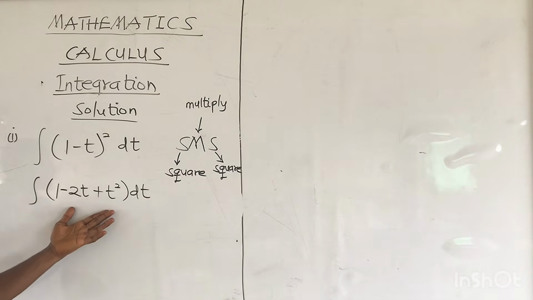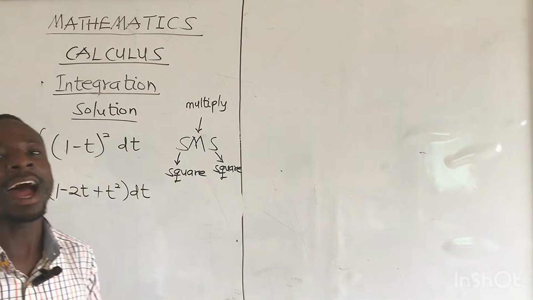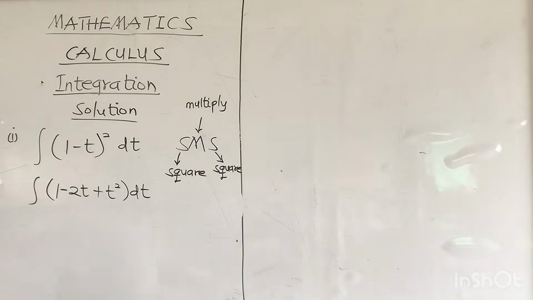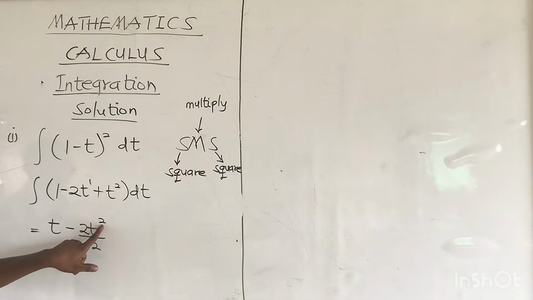So this is just an expansion. So from here, I can now start with the integration. When I integrate 1, I'll get t minus. When I integrate the minus 2t, I'm going to have minus 2t power 2 all over 2. Because from integration, this one has an exponent of 1. So you just add 1 to it, which is 2.